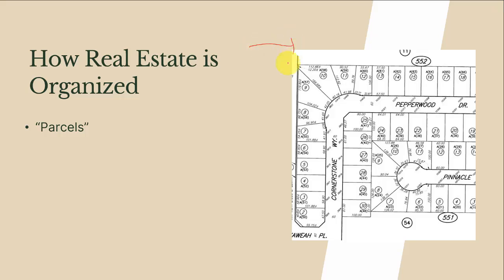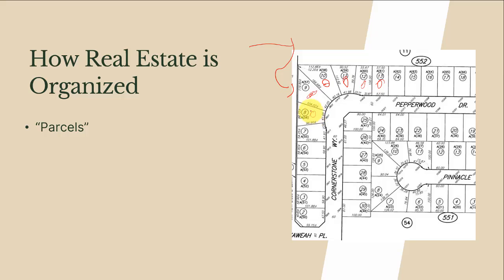So if you look on this little map here, this is a sample from an assessor's parcel map. Okay, so this is basically a map of a particular neighborhood, and you can see each of these little spaces is actually a house.